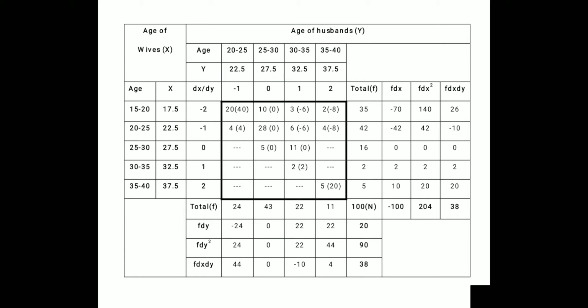Now the next step that we have to follow in the next column is f dx square. Squaring the dx values and not the frequency here, we should remember that. So f dx is -70, right?